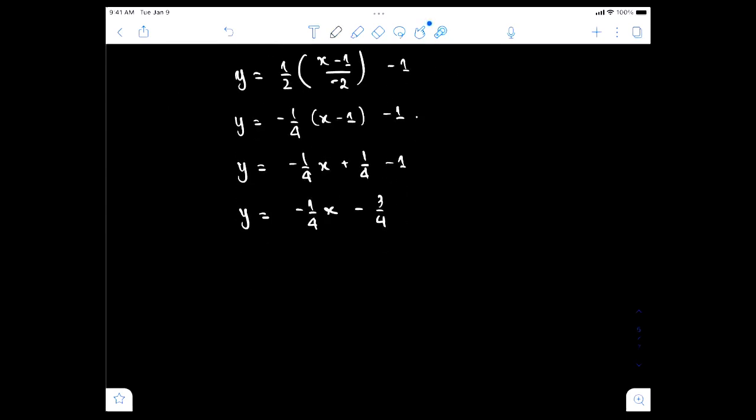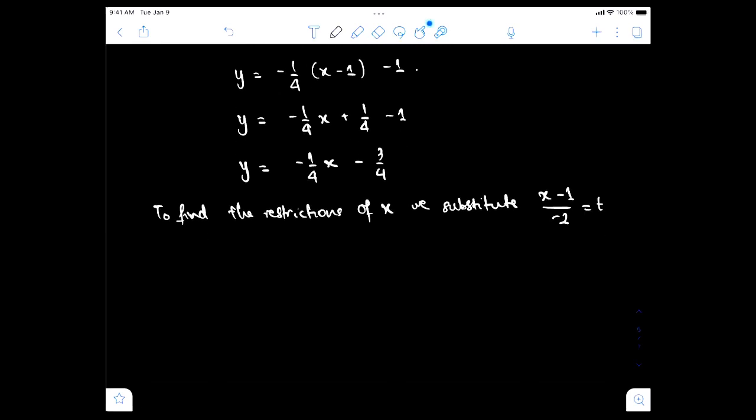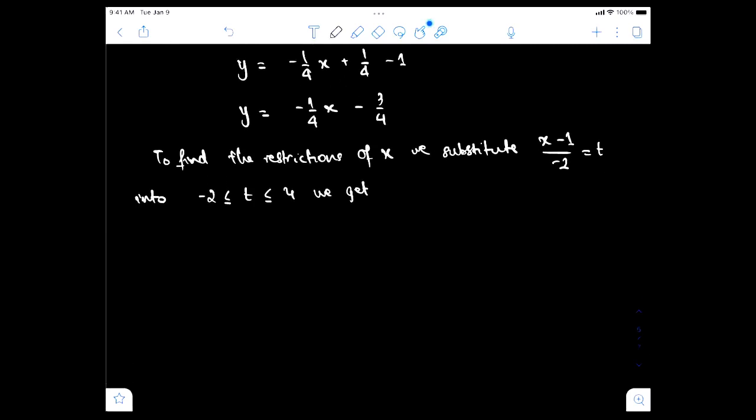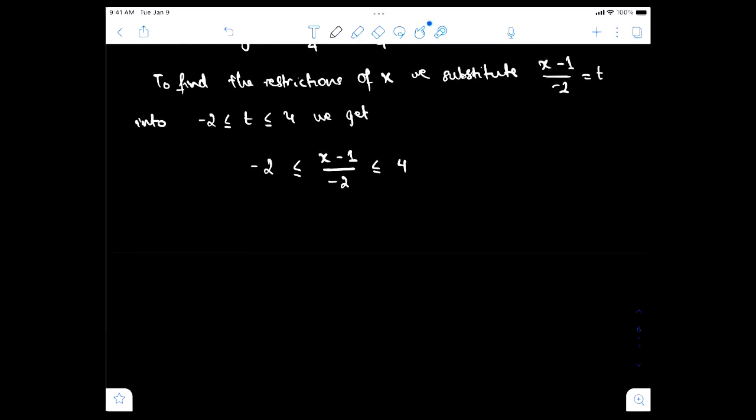To find the restrictions of x, we substitute x minus 1 over -2 equal to t into the inequality. We get -2 less than or equal to x minus 1 over -2, less than or equal to 4.